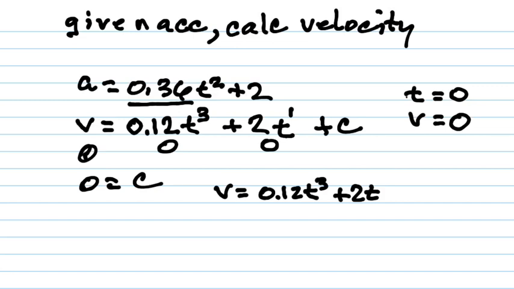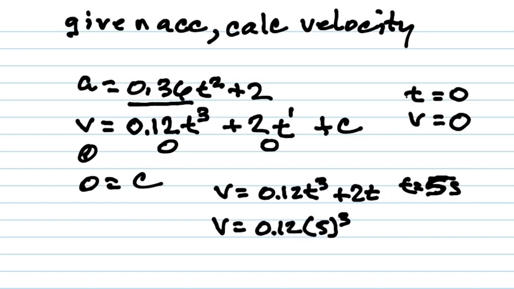And so after 5 seconds, that simply means to replace the t with 5 and work it out. Hopefully you have your calculators handy, because I don't, and I cannot do all of that too. So 5 to the third power is going to give you what? 5 to the third means 5 times 5 times 5, so 125.